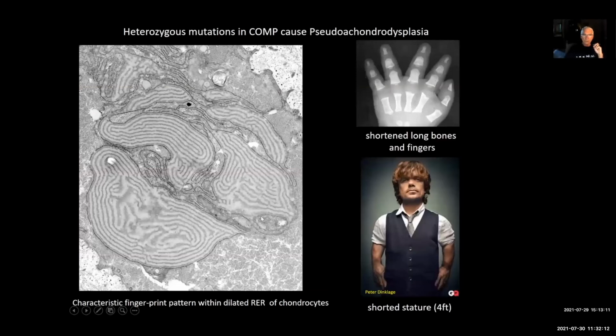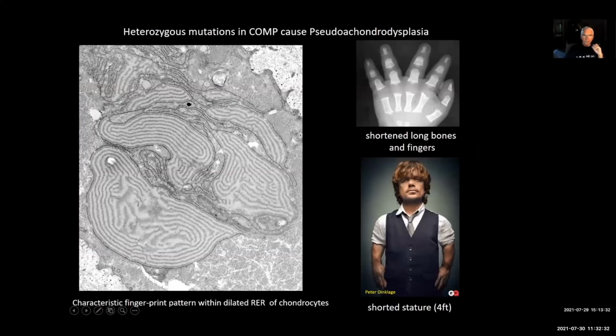In a disease called pseudoachondroplasia, what we see in the chondrocytes is an accumulation of these stacked membranes within the rough endoplasmic reticulum. So we would like to know what is in these accumulations of stacked membranes.